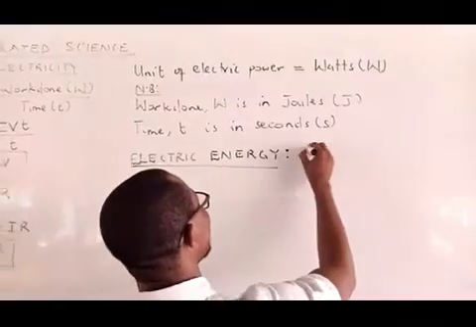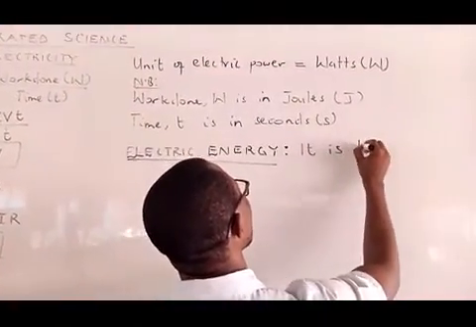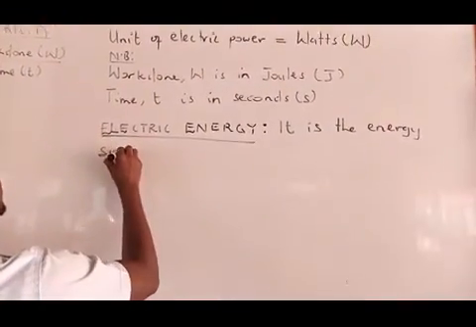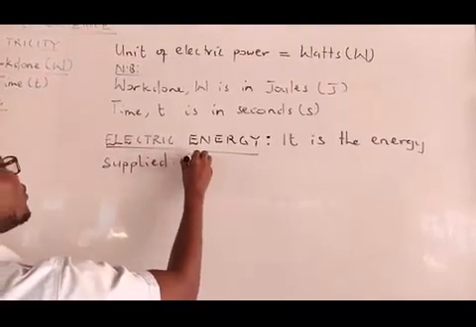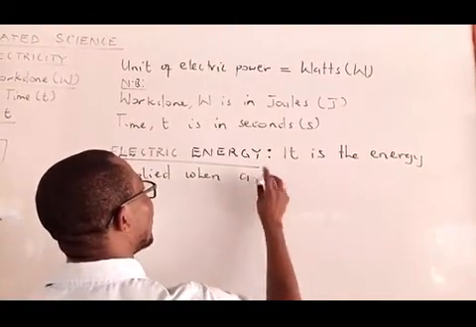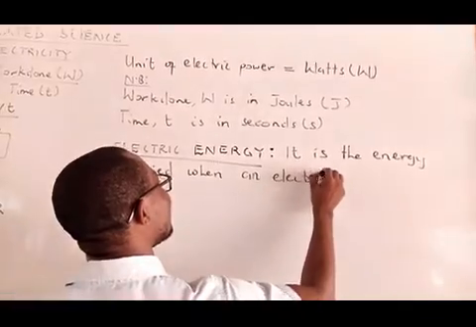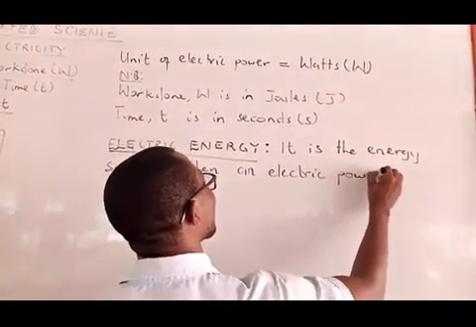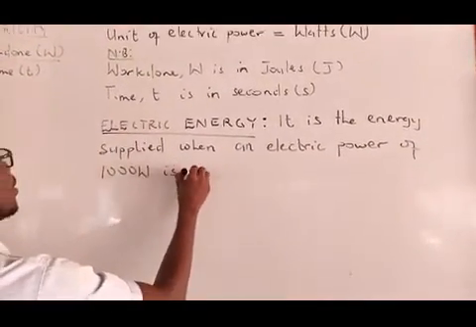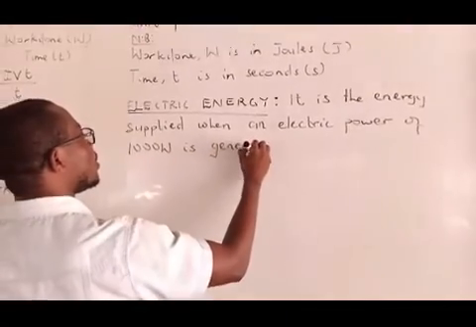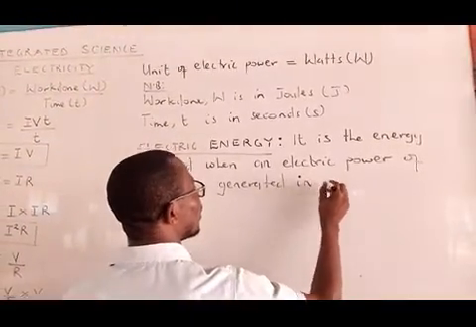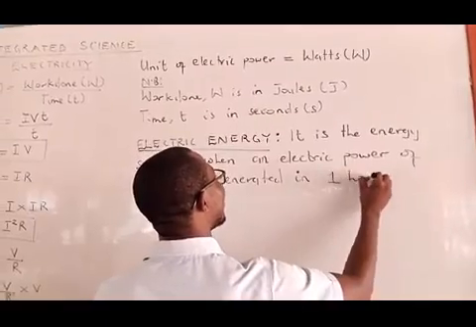So we say it is the energy supplied when an electric power of 1000 watts is generated in 1 hour.